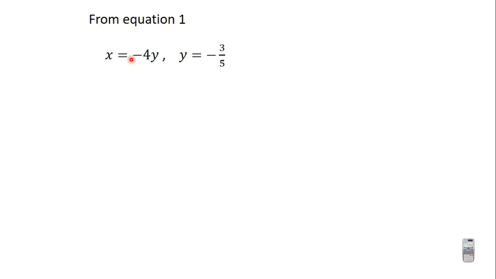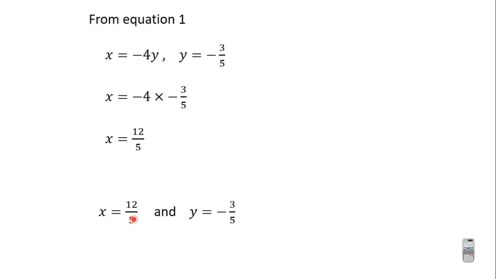But we know from equation 1 that x is equal to minus 4y and we have just found y to be minus 3 divided by 5. So we replace y here with minus 3 divided by 5. So x will be equal to minus 4 times minus 3 divided by 5, and we will have x is equal to 12 divided by 5.